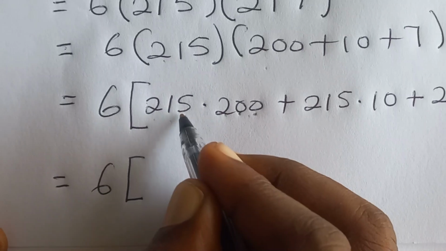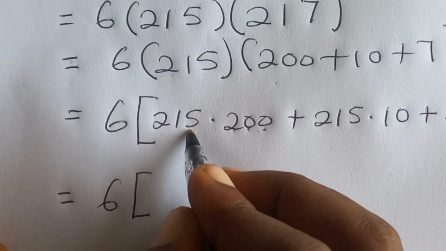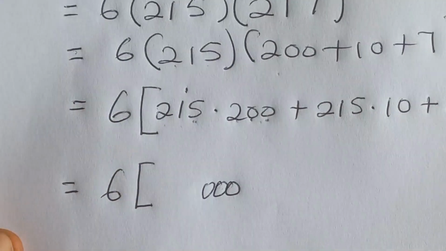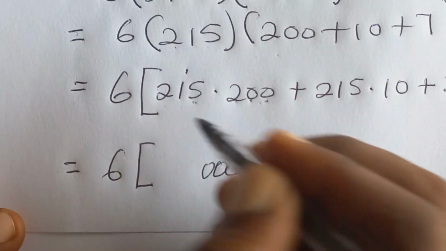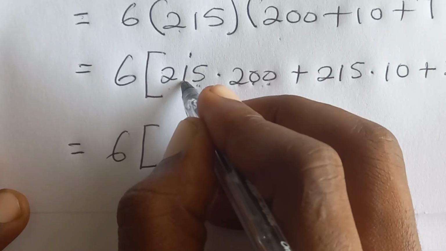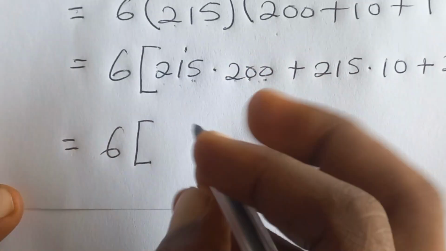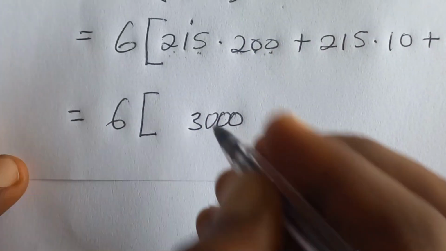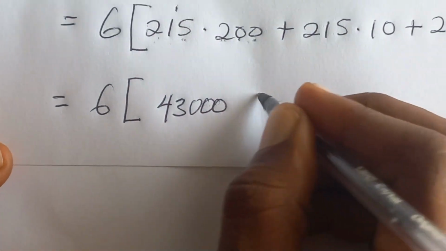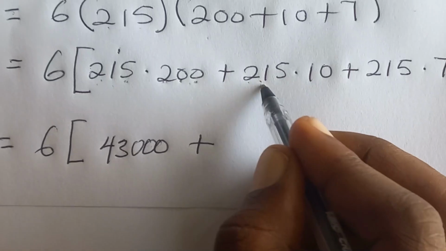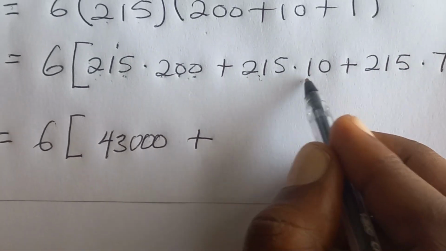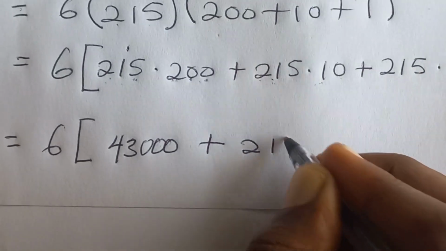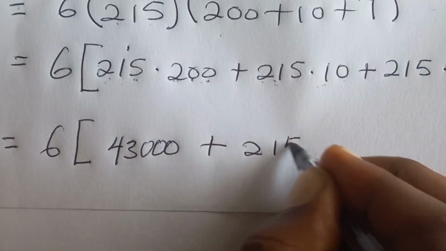Then 2 times 5, we are getting 10, remainder 1 here. 2 times 1 is 2 plus 1, which is 3. 2 times 2 is 4. Then plus 215 times 10. So 0 times this is 0, 1 times this is this. So we get 2150.